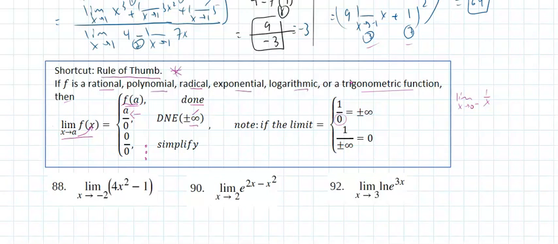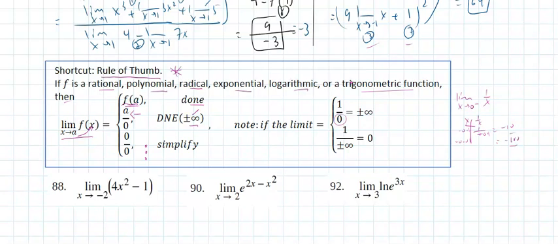If you take the limit as x approaches 0 from the left, and this is to be really quick. If I pick negative 0.1, 1 divided by negative 0.1 is negative 10. If I take negative 0.01, 1 divided by negative 0.01 is negative 100.